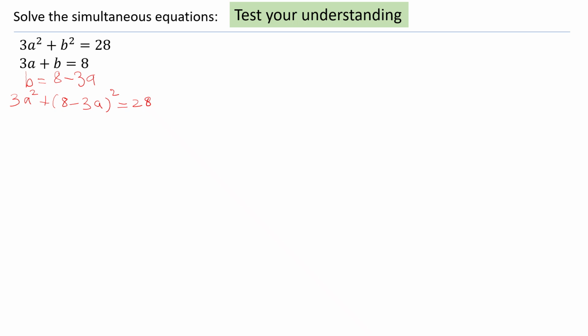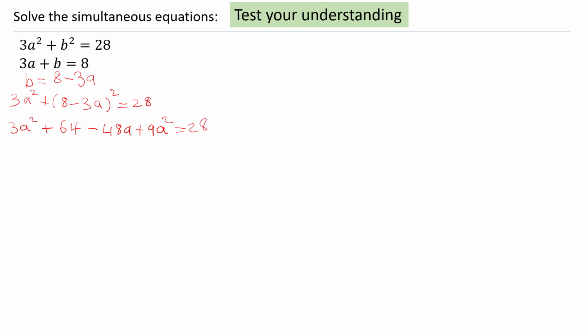Now expand the bracket. 3A squared plus, expanding this bracket, 8 squared is 64, minus 8 times 3A is 24, so 24 times 2, 48A, plus 3A squared, which is 9A squared, equals 28.